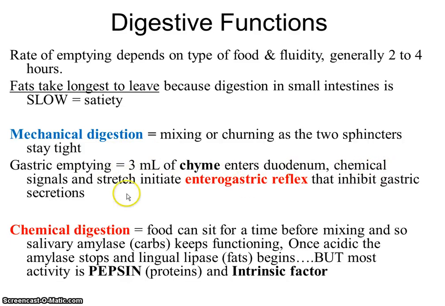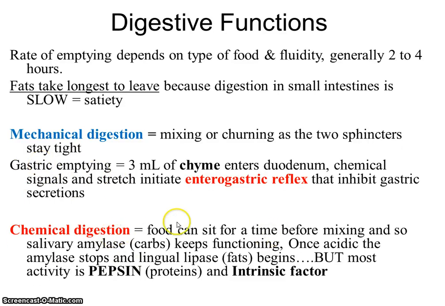And the chemical signals and stretch there initiate that enterogastric reflex, and that will inhibit some of the secretion. So as the chyme is squirted through, the small intestine begins to take control of what's going to happen next and how quickly food is going to move from the stomach to the small intestine.